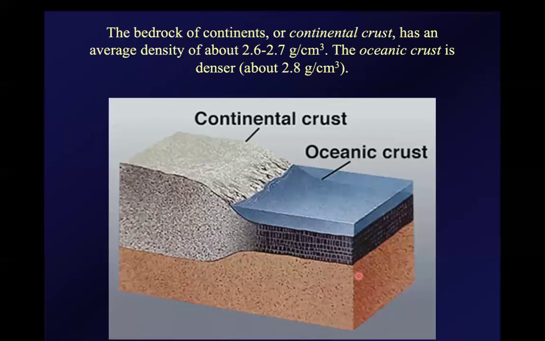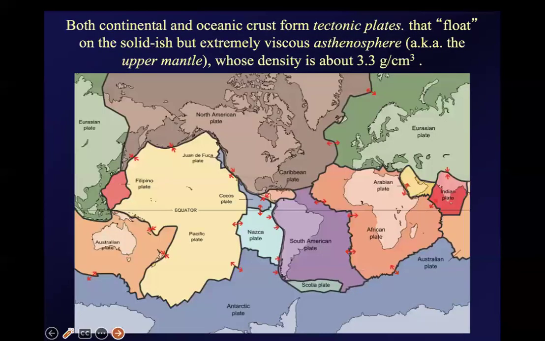That hotter rock deep underneath is called the asthenosphere, aka the upper mantle. Underneath the crust, there's a very thick layer of very hot rock called the mantle, and under the mantle, we get to the Earth's core, which is divided into inner and outer. That'd be a whole other lecture to talk about how we know that.